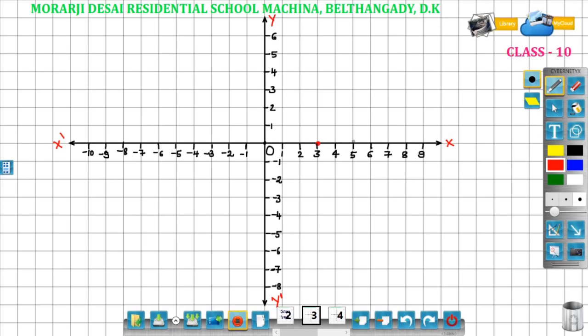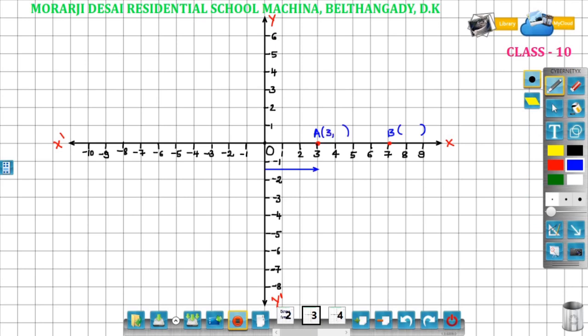Now let us take 2 points on the x-axis. Name it as A and B. Now write the coordinates of point A and point B. Point A is at a distance 3 units along the x-axis.